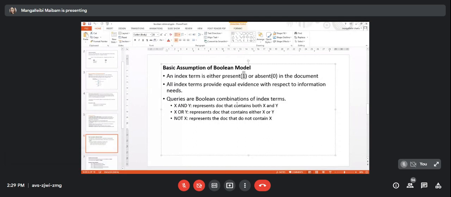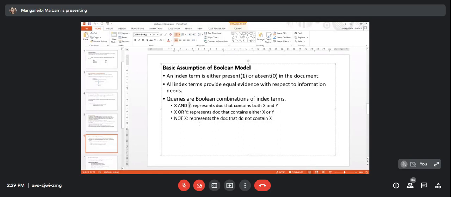So AND operation indicates the term must be contained in both X and Y. Suppose X and Y are the documents D1 and D2, where D1 is document 1 and D2 is document 2. Let us take the example "my name is Tom".